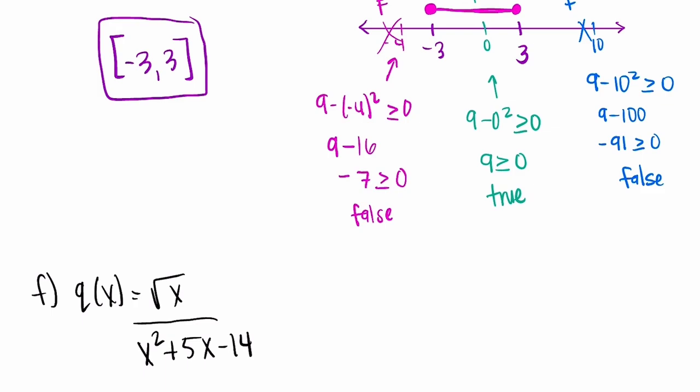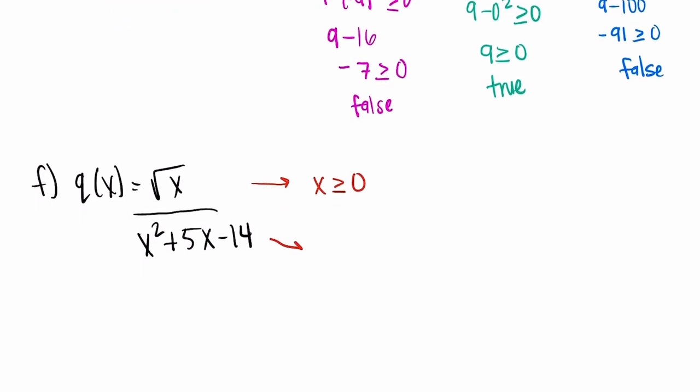So I'm going to look at the top and bottom separately. So from the top, what do we know about x? From the top, x can't be negative, so x is greater than or equal to 0.